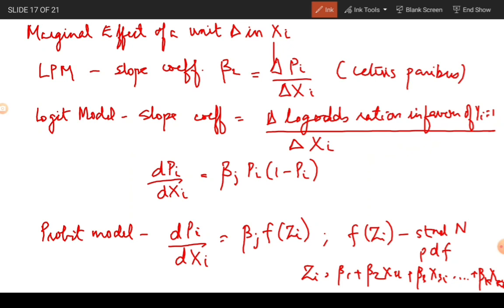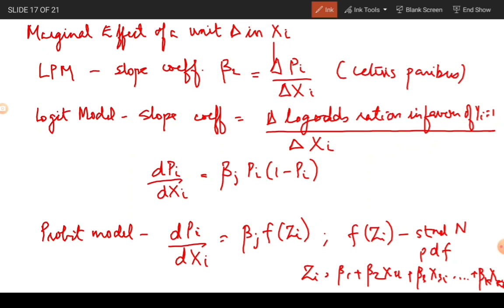So this will bring to an end our discussion on different qualitative response regression models, that is regression models where your dependent y variable is a categorical variable. Please do note that we have only discussed cases where the dependent variable is dichotomous or takes on two possible values.